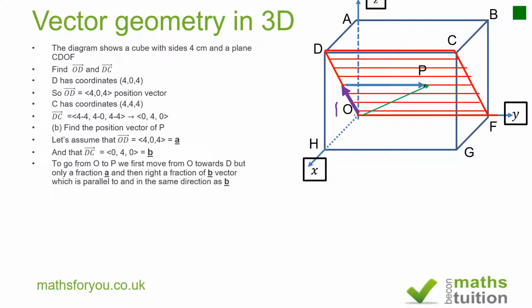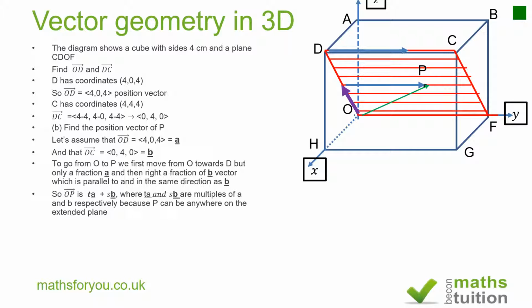These two vectors here are the same. They're just part of DC, parallel to DC and in the same direction. So those two vectors are the same, even though they're only a fraction of OD and DC.